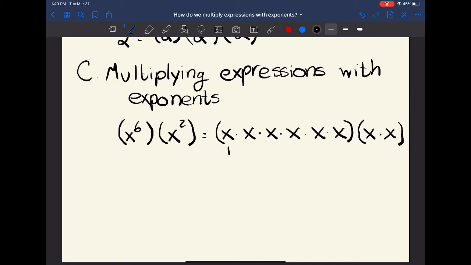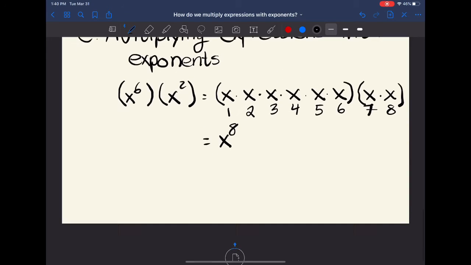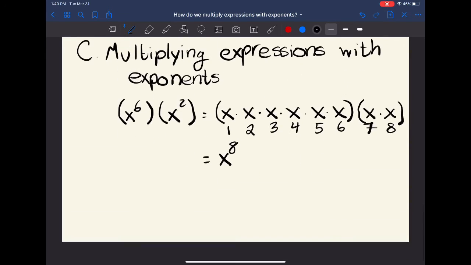I have 1, 2, 3, 4, 5, 6 from my first expression, plus 7 and 8 from my second expression. So I can add up my total from the first and total from the second, and I'll end up with x to the 8th power. So I'm adding up both of my exponents.